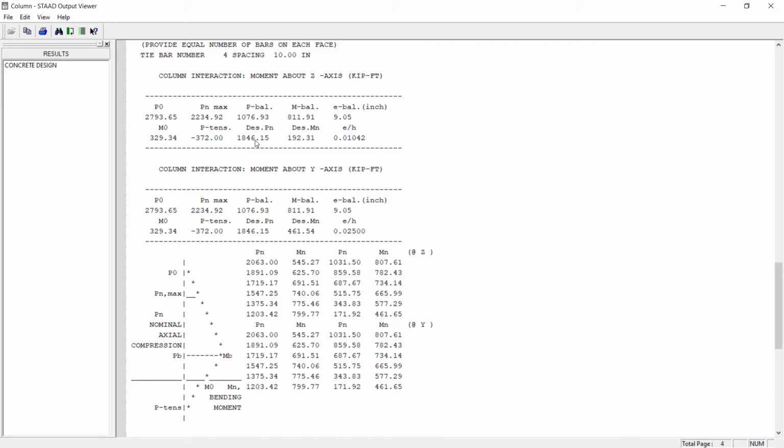For design, Pn is 1846. In Z direction, design moment is 192.31.